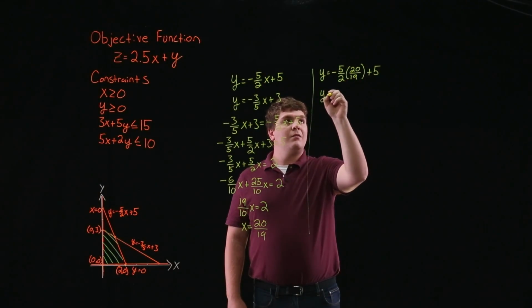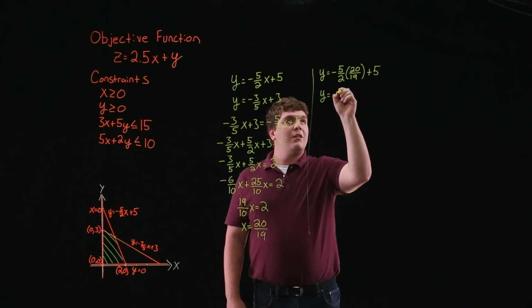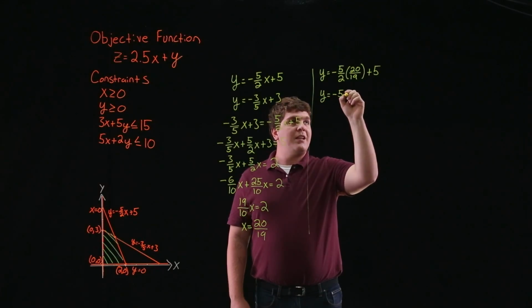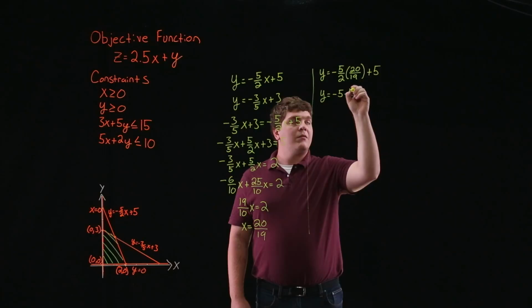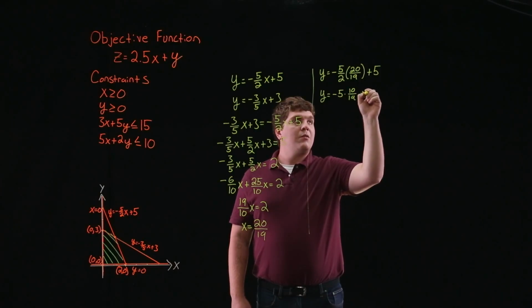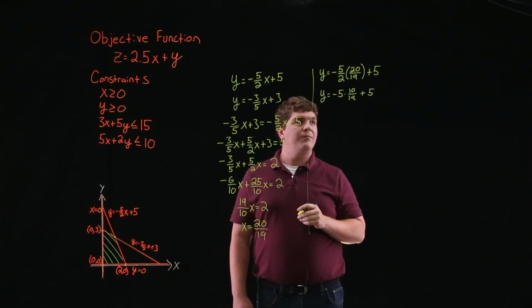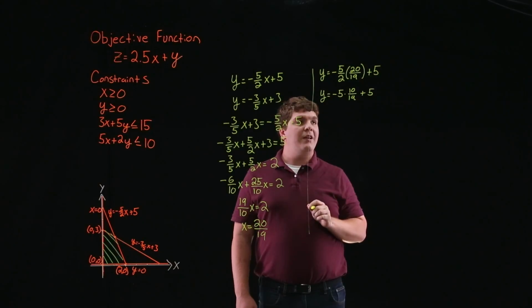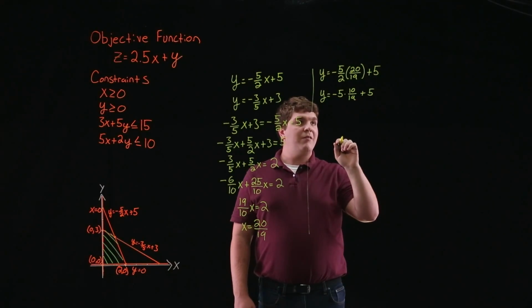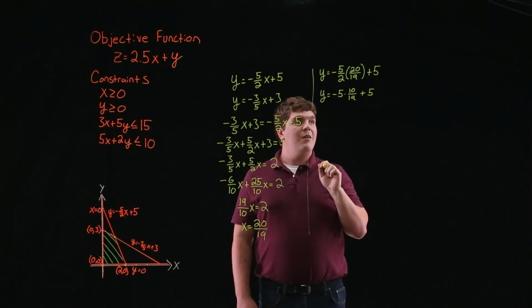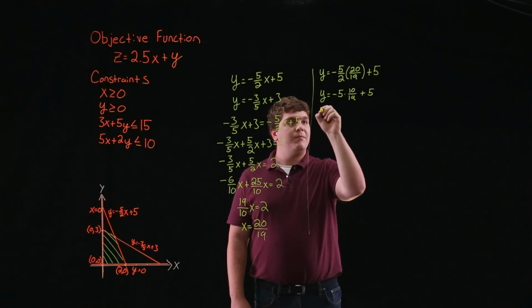So we have y is equal to negative 5 times 10/19 plus 5. Here we can go ahead and get common denominators by multiplying 5 by 19 divided by 19.